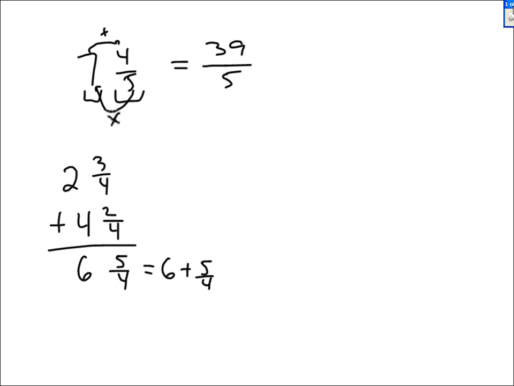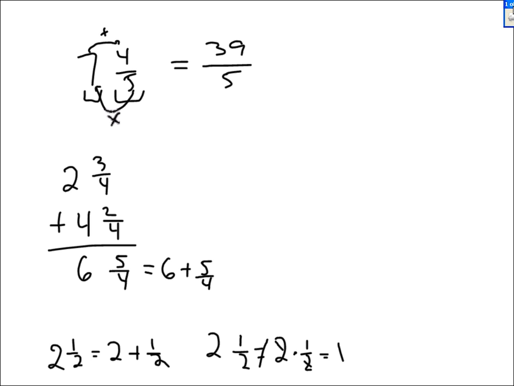6 and 5/4. If you have $2.50, well, you have $2 plus $0.50. Some students think that 2 1/2 means 2 times the half, which is 1. No. That is not true. 2 times a half is 1. But you need to put the times symbol.